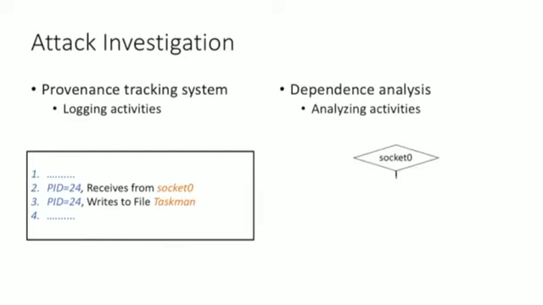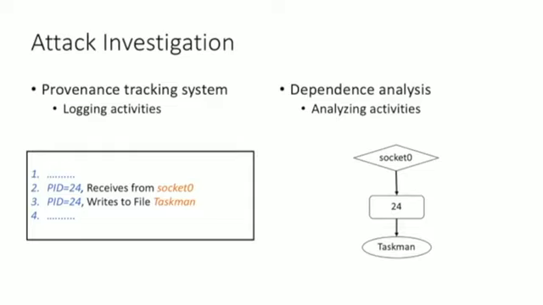The left-hand side shows two log entries, and the right-hand side is the graph generated from the two log entries. As we can see, process 24 reads some information from a socket and writes to a local file, task man. There is an information flow from the socket to the process and then to the file.